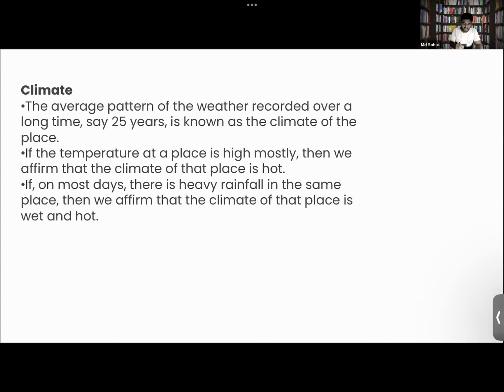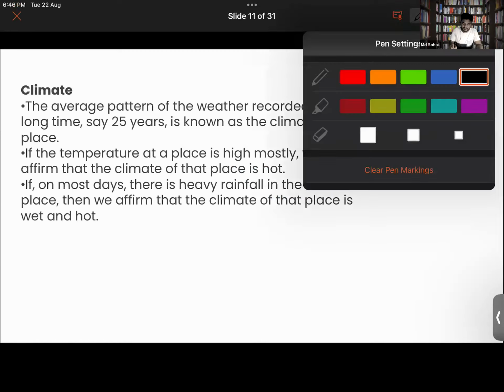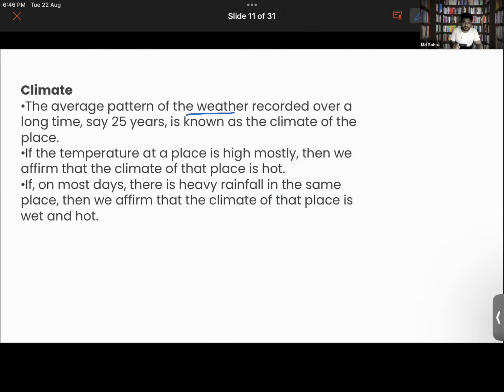So the average pattern of the weather recorded over a long time, say 25 years, is known as the climate of the place. For example, in these 25 years, let's say I have taken 25 years as an example, there's a region, the example I took, Rajasthan.